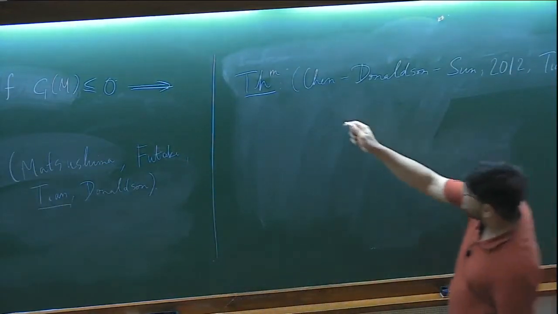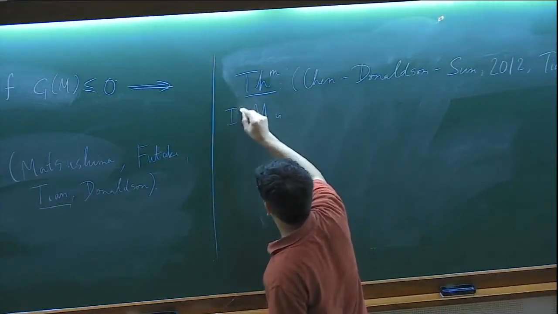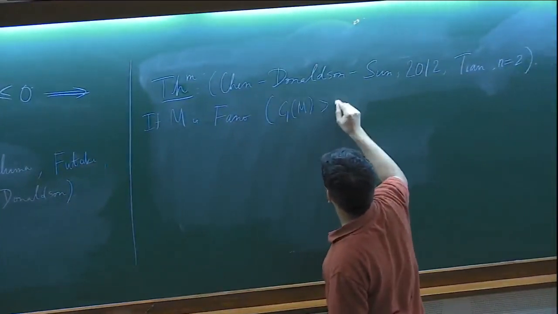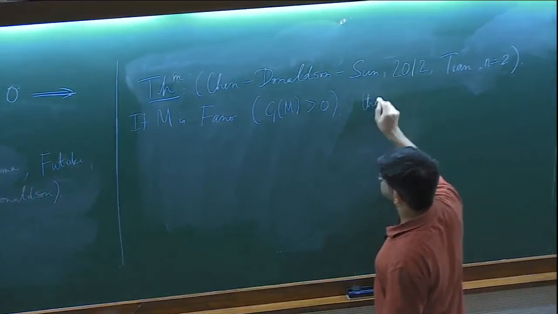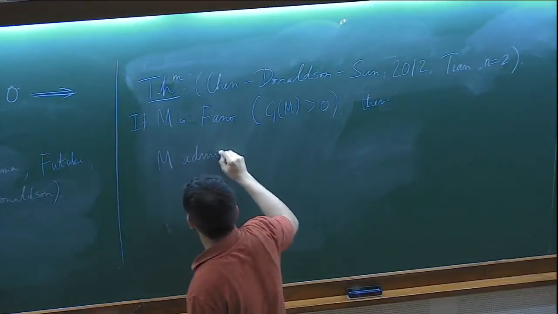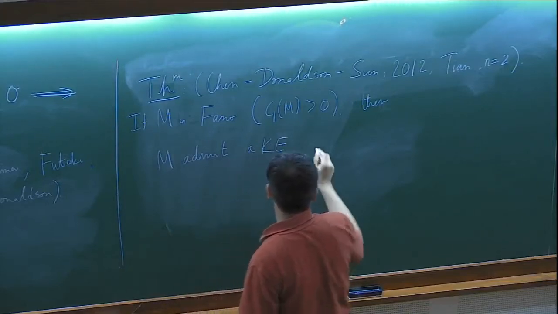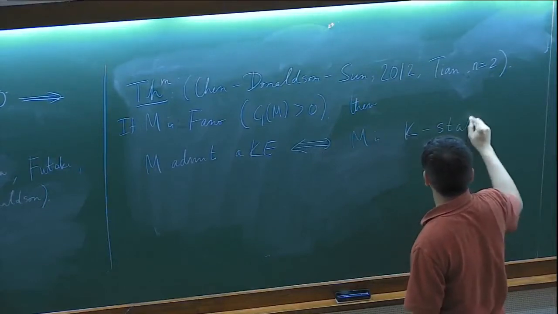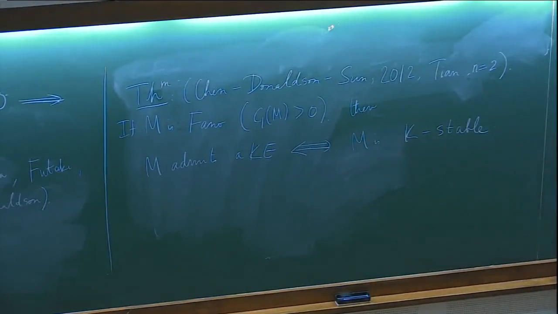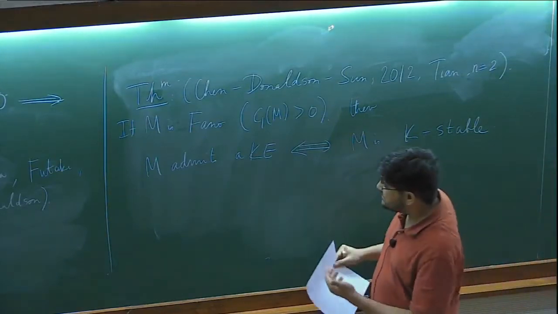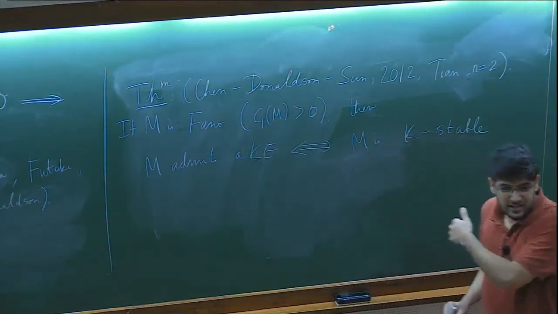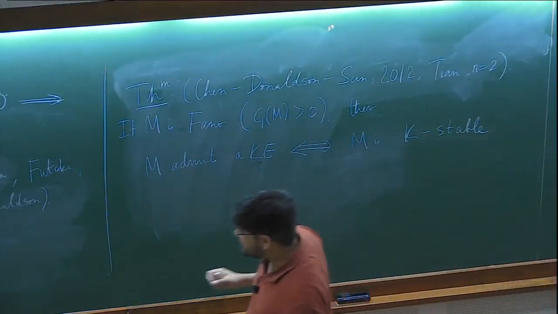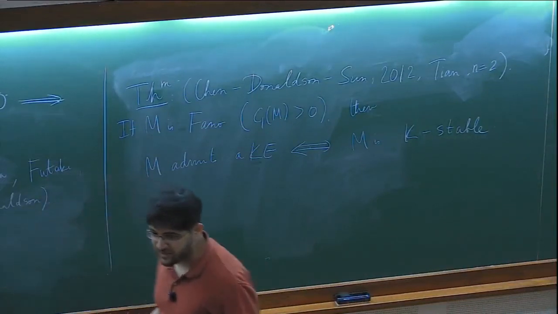And it turns out that if M is Fano, which just means that the first Chern class is positive, then M admits a KE if and only if M is what is called K-stable. It was already a conjecture of Yau in the 80s that existence of a Kähler-Einstein metric should be related to some form of stability. And the exact notion of stability was discovered by Tian in 97.